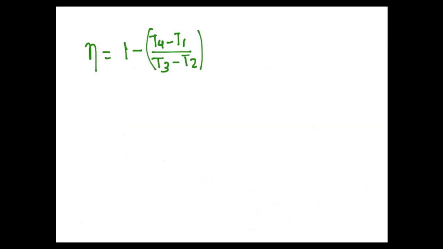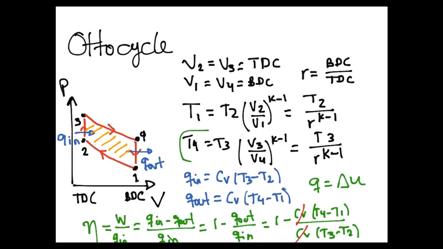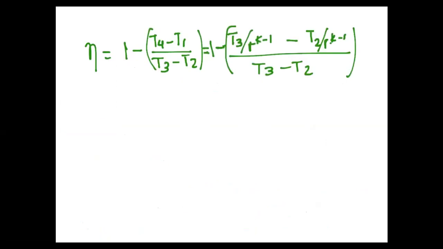And then we can input T4 in terms of T3 and T1 in terms of T2, such that we will have 1 minus T3 over r to the k minus 1, that's T4, minus T2 over r to the k minus 1, which is T1, over T3 minus T2, such that we can factorize 1 over r to the k minus 1, and we will have T3 minus T2 over T3 minus T2.